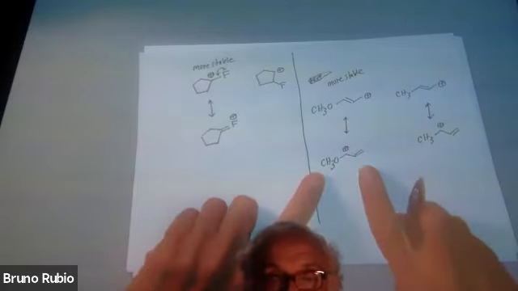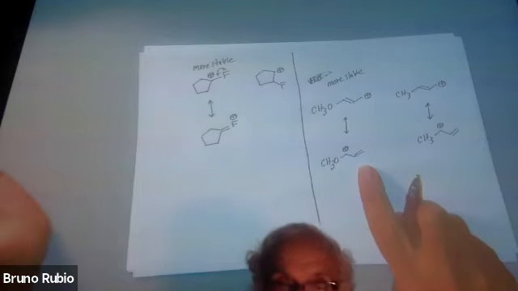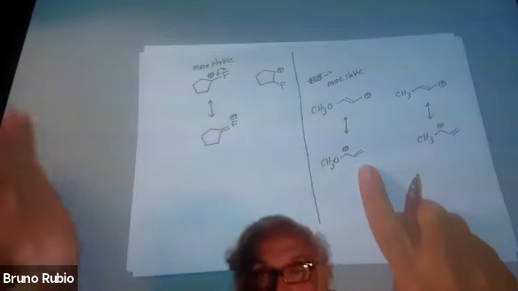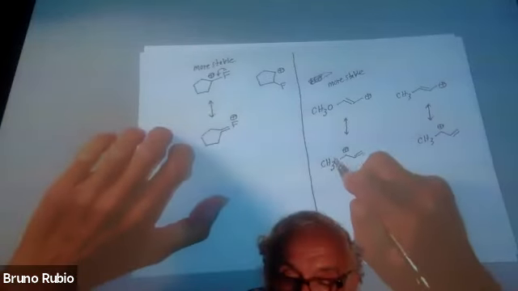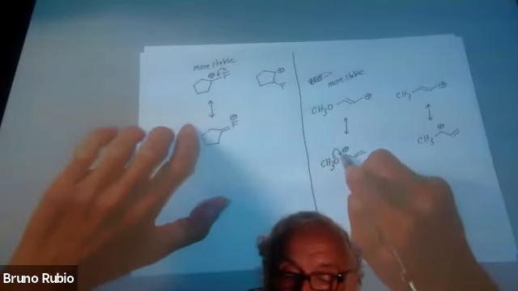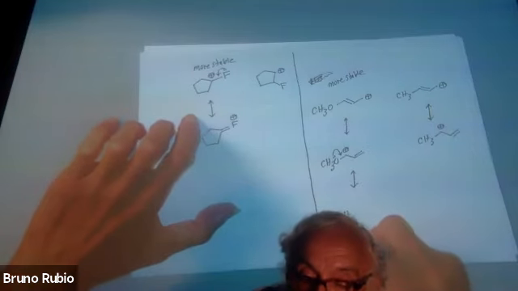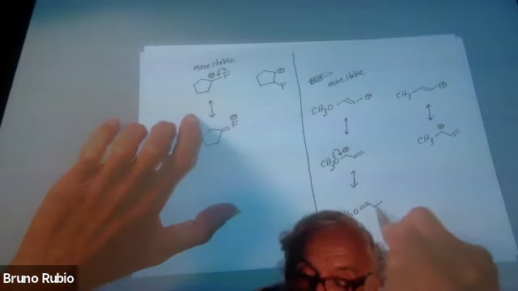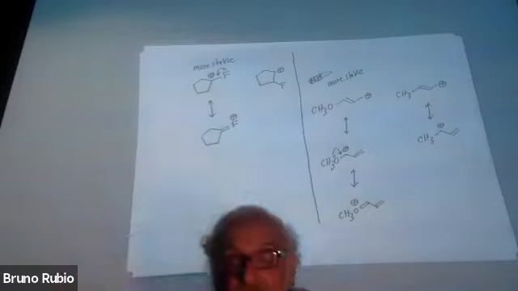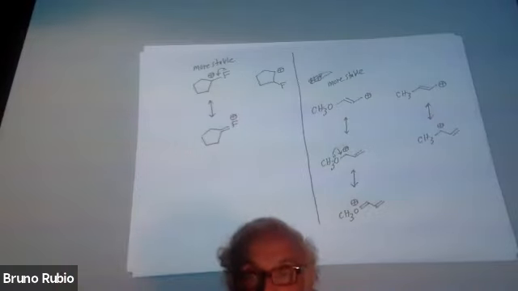But this one has a third resonance structure. More resonance structures usually translates into greater stability. The electrons have a bigger box to run around in, and that stabilizes the carbocation. More resonance, more stabilization.